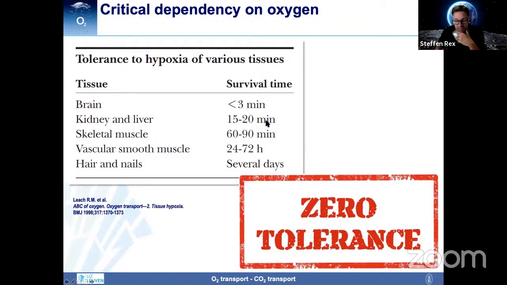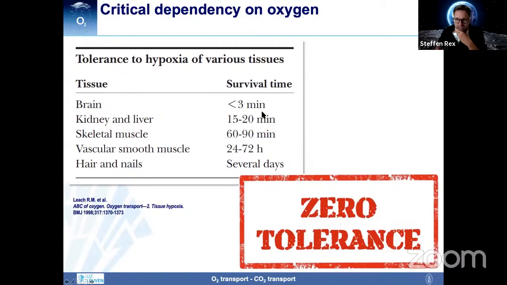And you also know that the heart is not very happy with hypoxia.